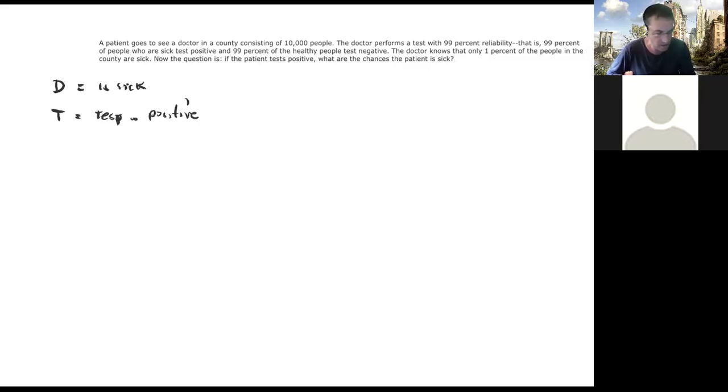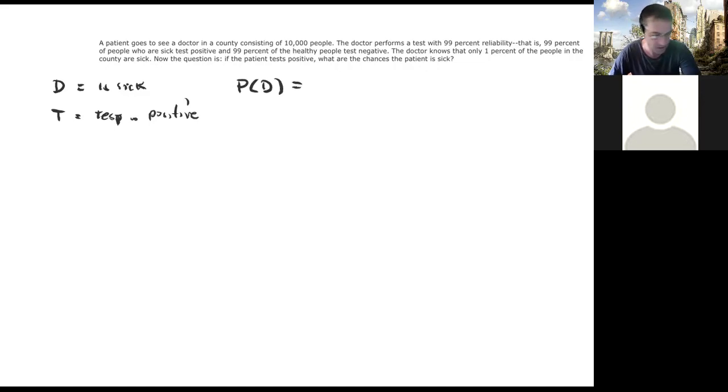Okay, so now the first fact is that the probability of being sick is easy to compute because we know that 1% of the people are sick, so it's 1% of 10,000.